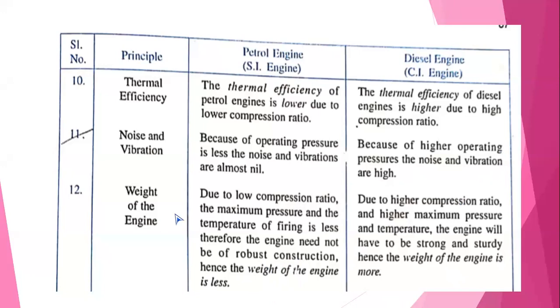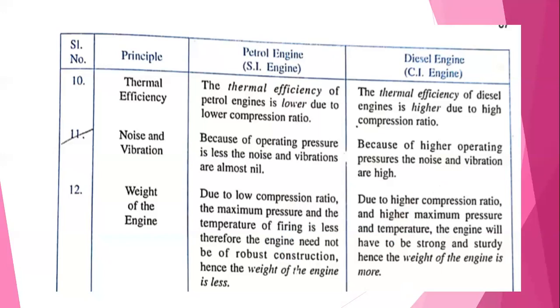In a two-wheeler, for 1 liter of petrol, you will get 60 kilometers or even more. But in case of a diesel engine, the same type of engine, you will get 20 or 21 kilometers. That is maximum.